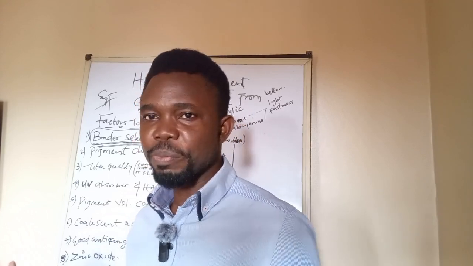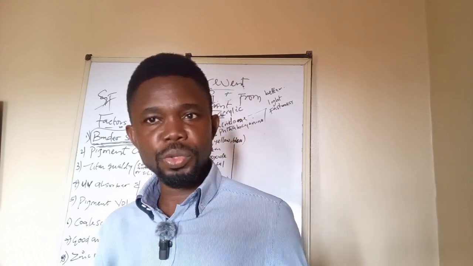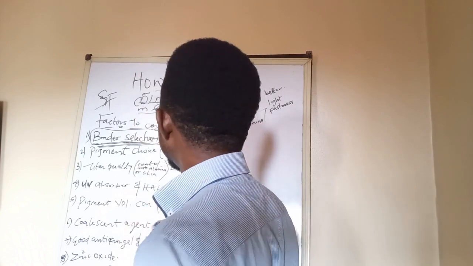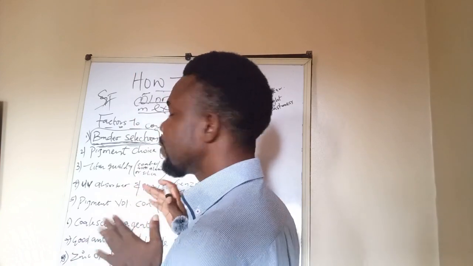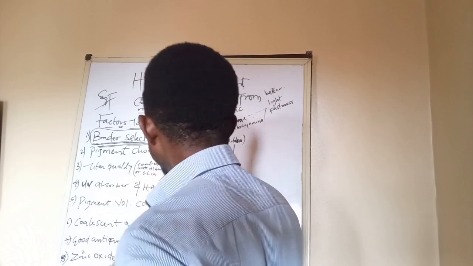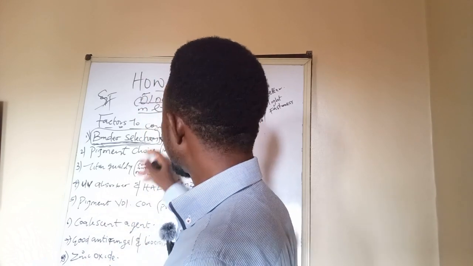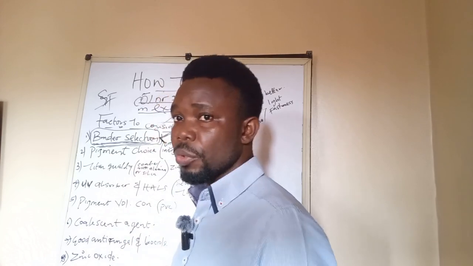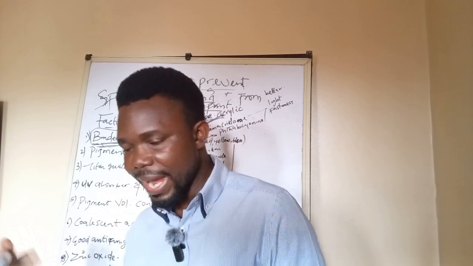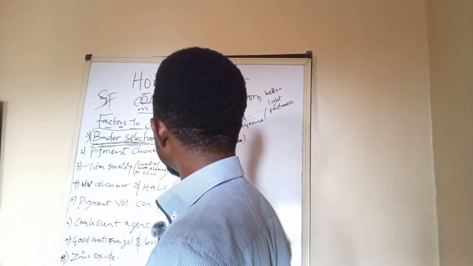Some of those binders can now handle the UV spectrum between 200 and 400 nanometer, so it prevents color degradation. So you want to use a very high quality binder. If you can get pure acrylic, fine, but if you cannot get pure acrylic, you are using styrene acrylic. But those styrene acrylic do react with the radicals in the substrate.